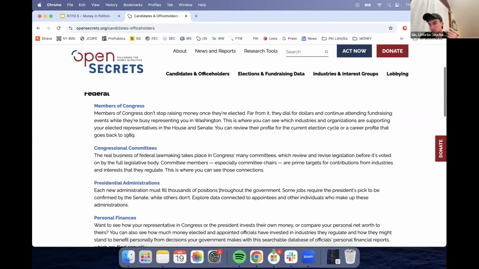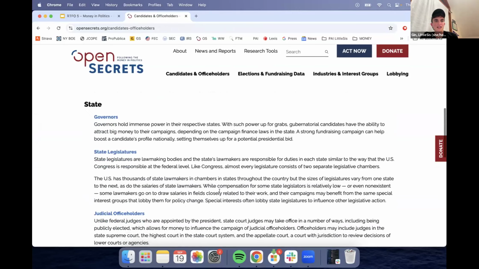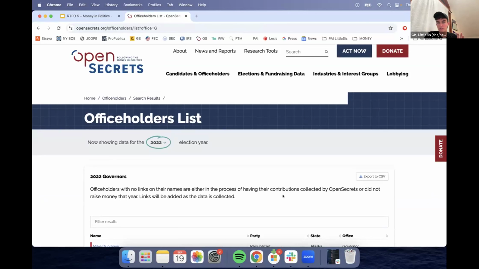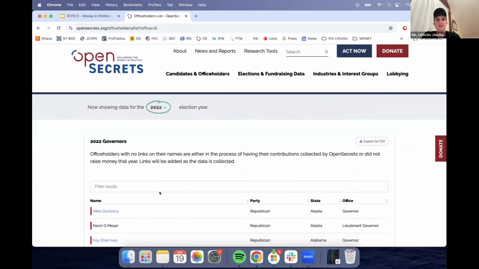Going back just to show a state example, so we want to look at our governors. Now, again, like I said, this is a relatively new function of this database, so it's not quite caught up to where they are with their federal data yet. You'll notice here it's showing data for the 2022 election year. That's as most recent as it is.